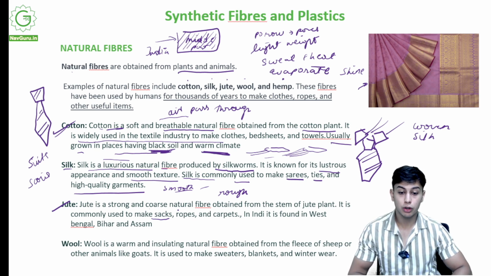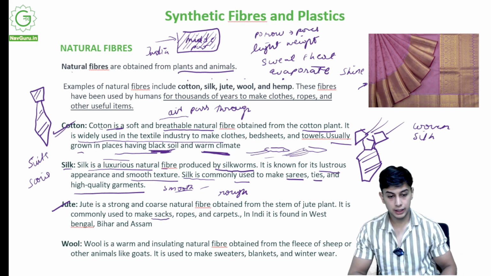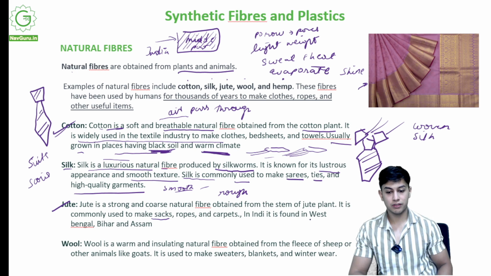Ropes are made from jute. Carpets, like the dust mat at your home, would be made of jute. In India it is found in West Bengal, Bihar and Assam, in the eastern parts.